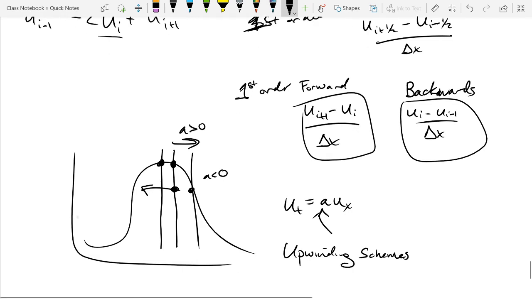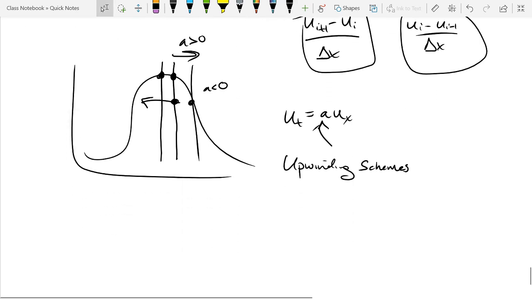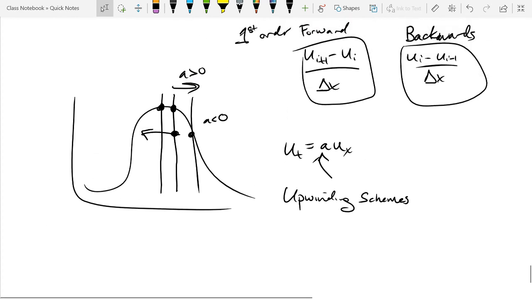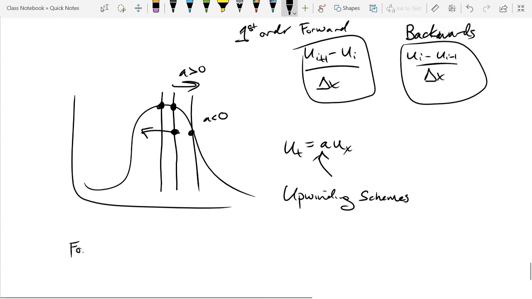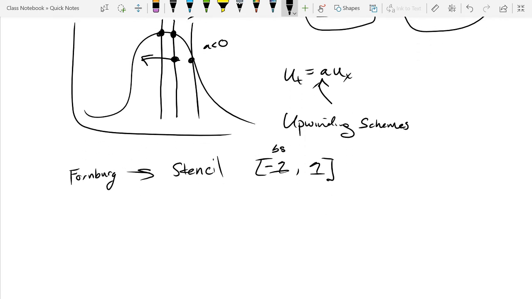So that gives us all the information we need to be able to calculate this. And so the Fornberg algorithm, once again, gives out a stencil. In this case, depending on our definition of forward and backwards, it would be -1, 1. That's the first order one.